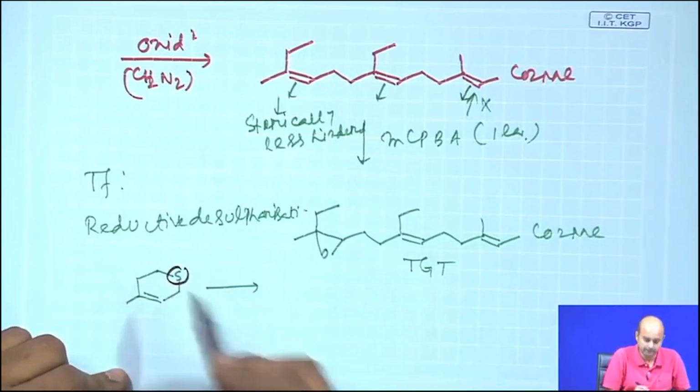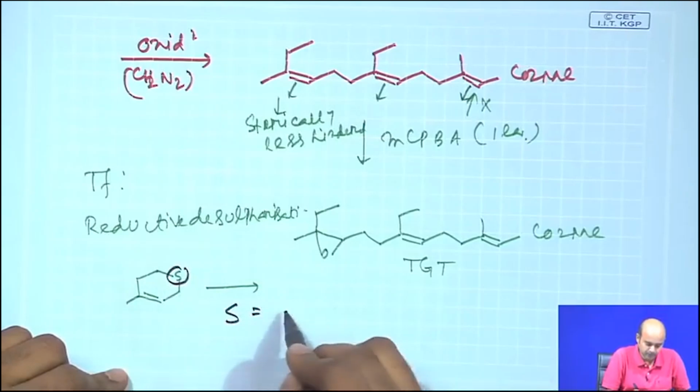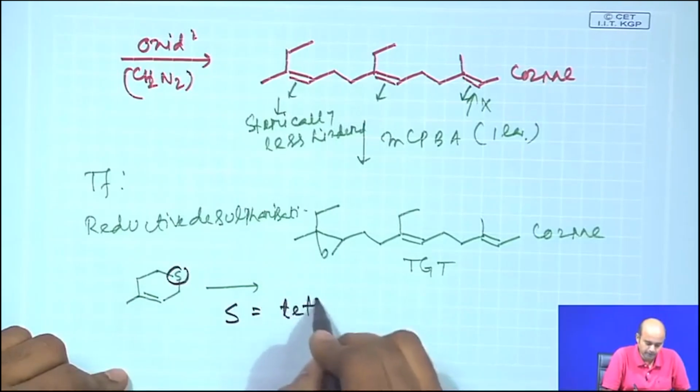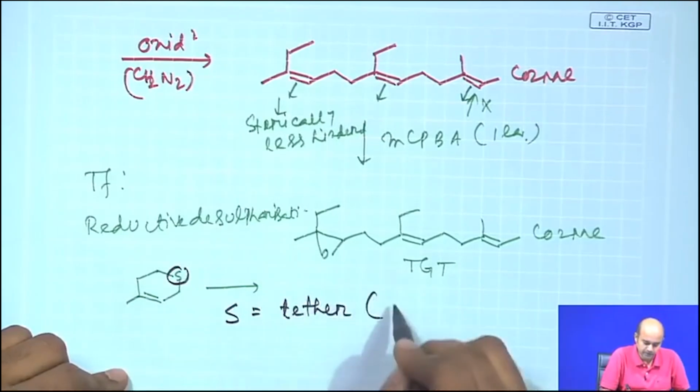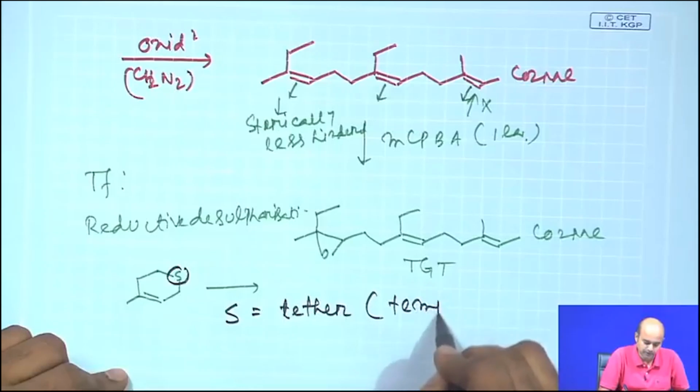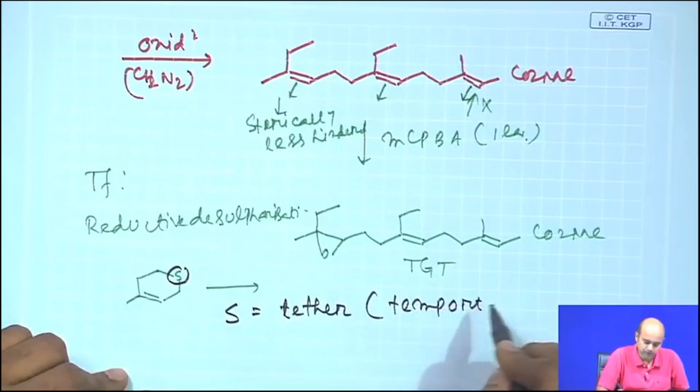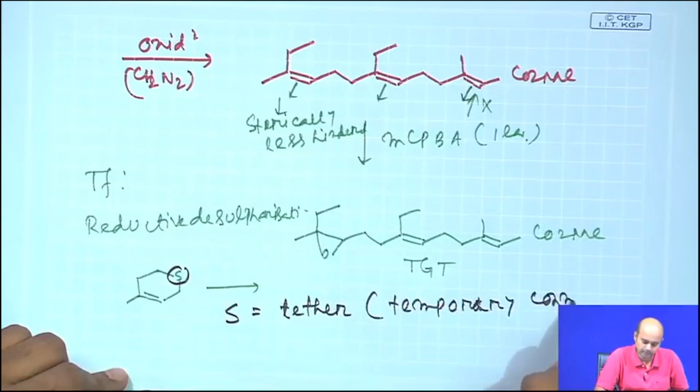So, sulfur acting as a temporary connection. Sometimes this is known as a tether. What is a tether? A tether is basically a temporary connection, or temporary bonding.